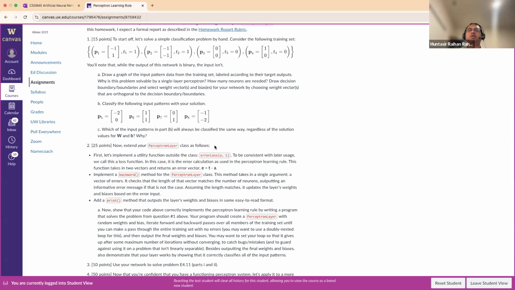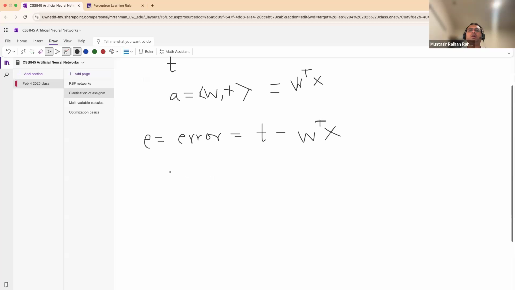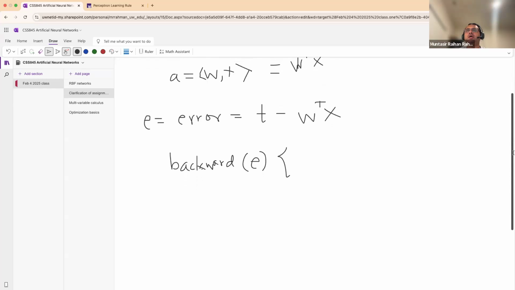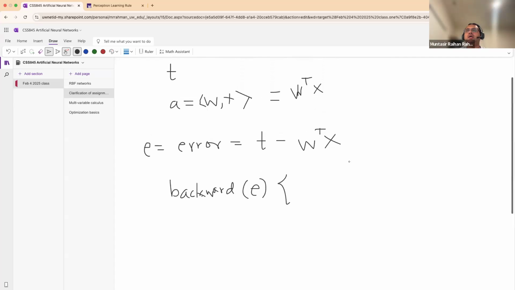Let's see. And then your backward function is a function of E. Right, so once you have a function like this where you have E, I think you just need to do some algebra here.